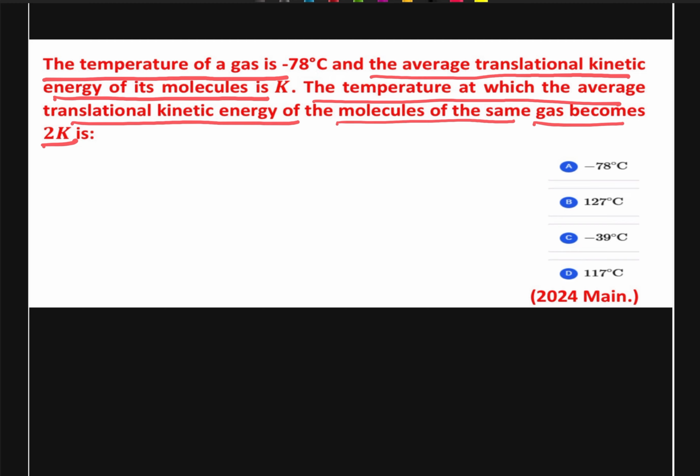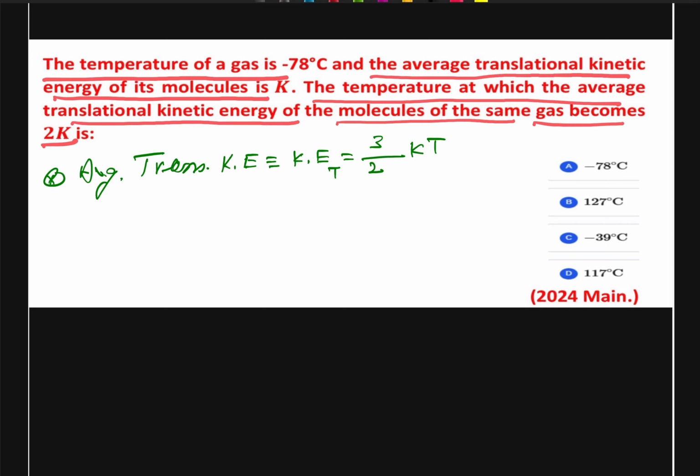And this is also based directly on the formula. We know the formula for average translational kinetic energy: kinetic energy translational will be equal to 3 by 2 times kT.